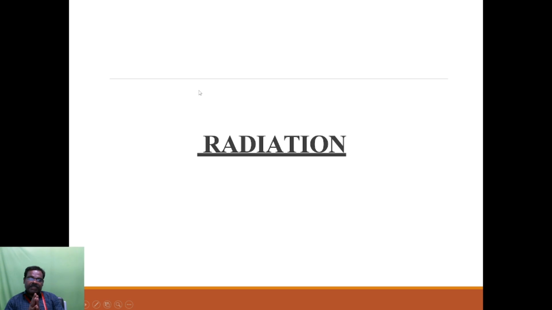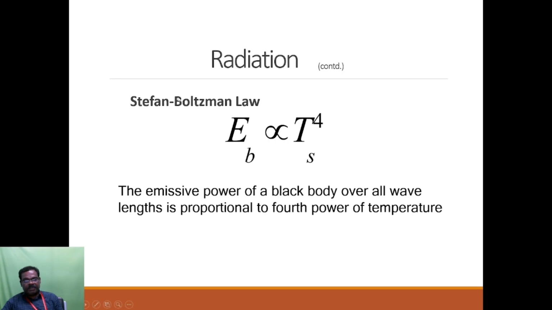So what we have seen is two different modes, conduction and convection. Then the third one is called radiation. What is radiation? In radiation, heat is transferred by means of electromagnetic waves.